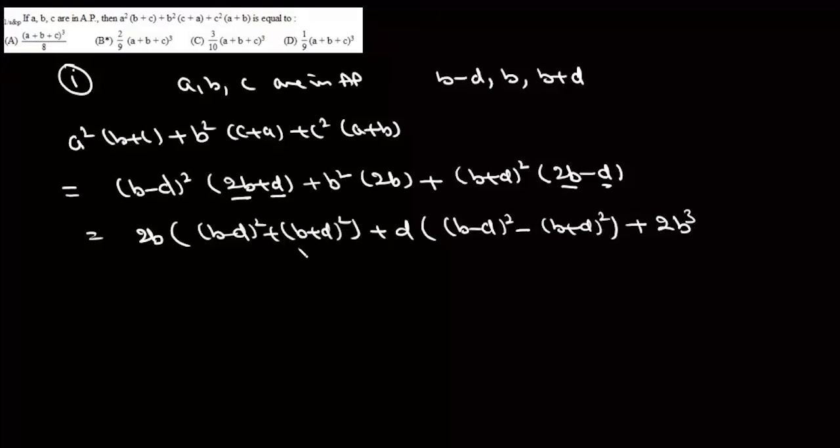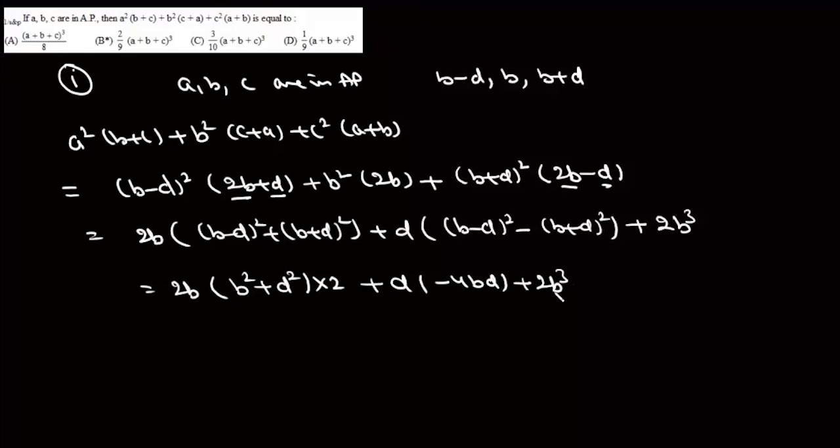Now here 2Bd will cancel. So it will be 2B (B square plus d square plus B square plus d square), so it will be into 2, and plus d. Now here B square d square will cancel. So it will be minus 4Bd and plus 2B cube.